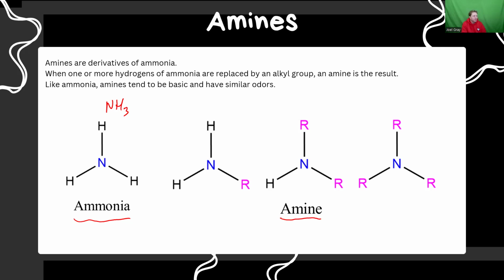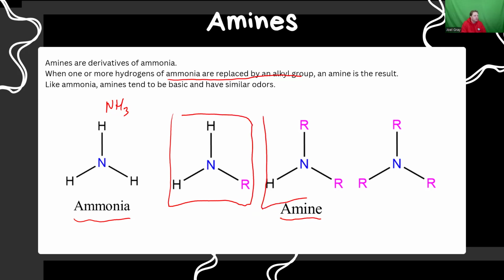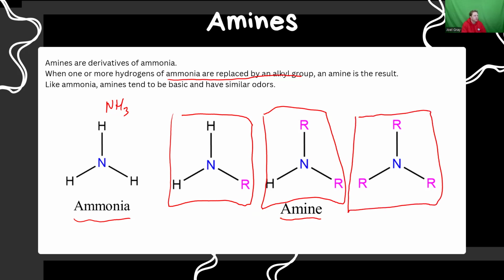Now, when one or more of those hydrogens on ammonia are replaced by an alkyl group, like this R group, that can be replaced with CH3, just as an example, we make an amine with one R group, an amine with two R groups, or an amine with three R groups.